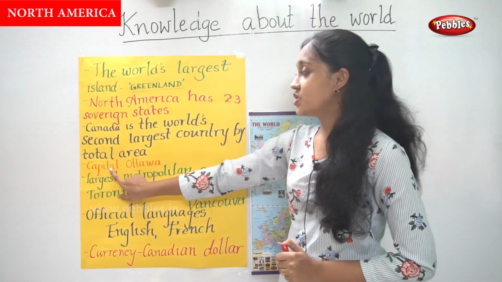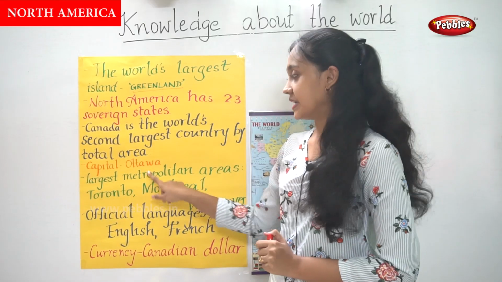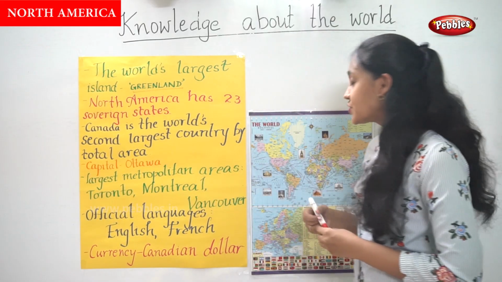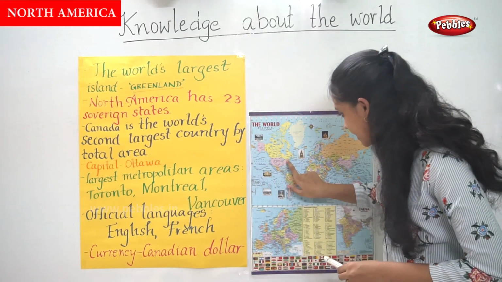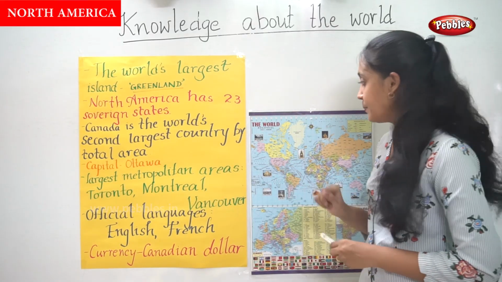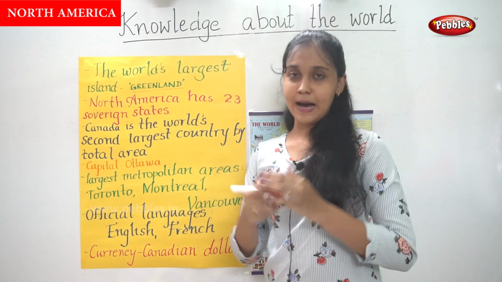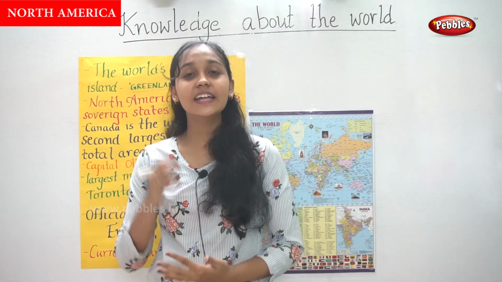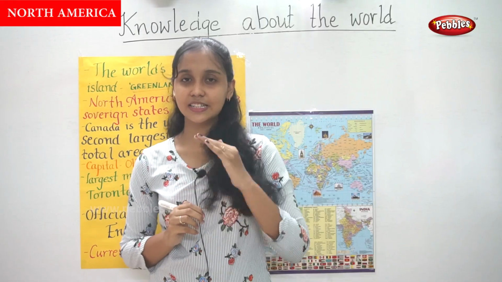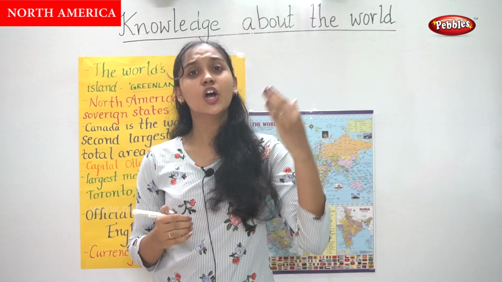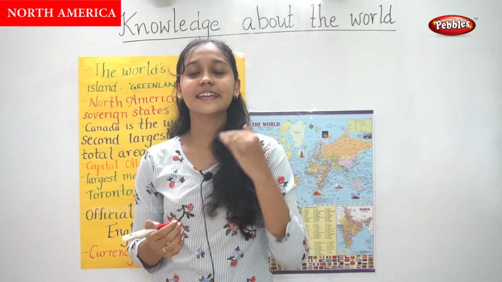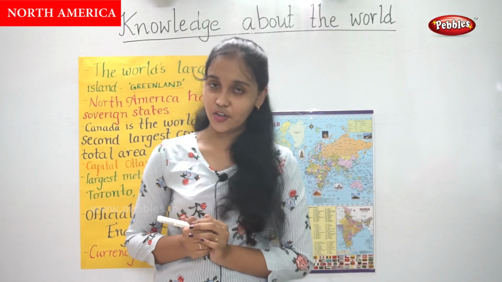Then, which is the capital of Canada? It is Ottawa. So try and find the capital on the map. See, it is marked here with a star. So if you have a map at home, try and find the capital of all the countries. So today, since we are learning about North America, go through, find the capitals of the countries in North America.